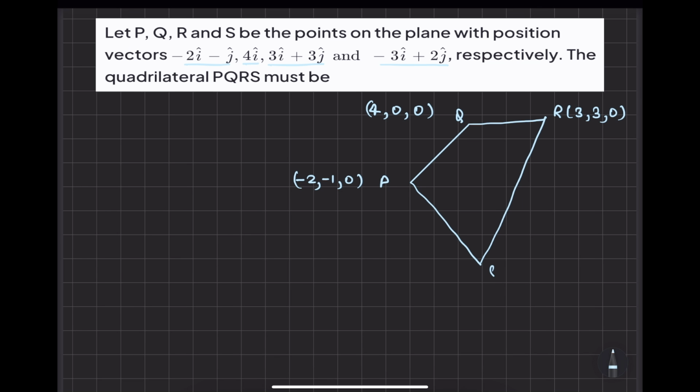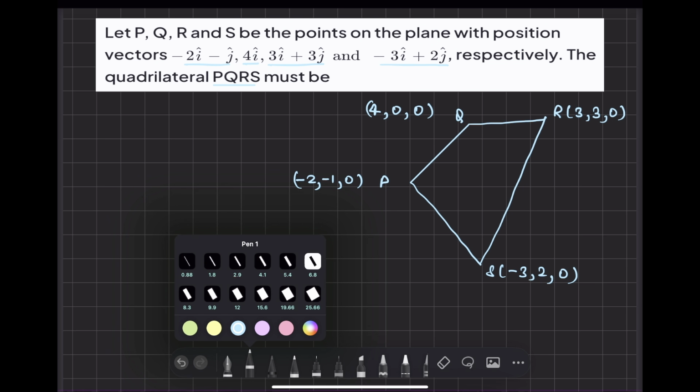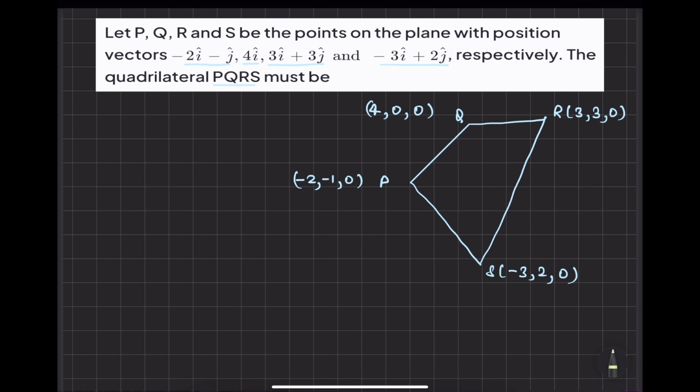We have S, -3, 2, 0, respectively. The quadrilateral PQRS must be what? So you have to answer the shape of this quadrilateral. For the shape we need to find the lengths PQ, QR, RS, PS, and also the diagonals, because with the sides alone you cannot judge.